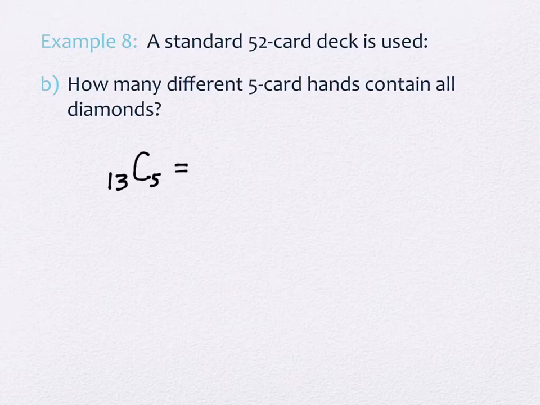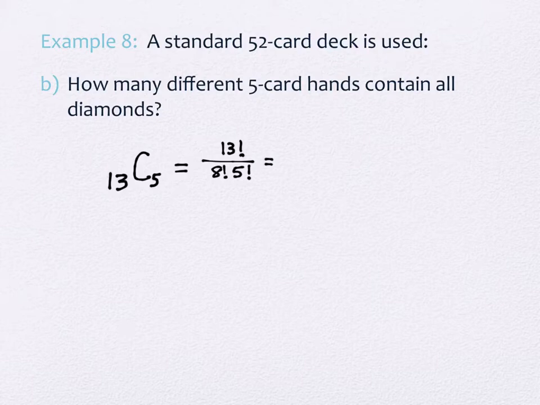So we're going to take 13 factorial. And what's the denominator going to be? Okay, so 8 factorial and 5 factorial. 8 and 5 do add up to 13, so that's sort of a mental check.